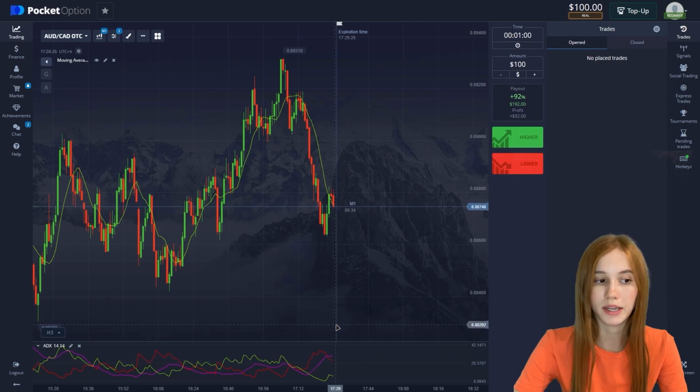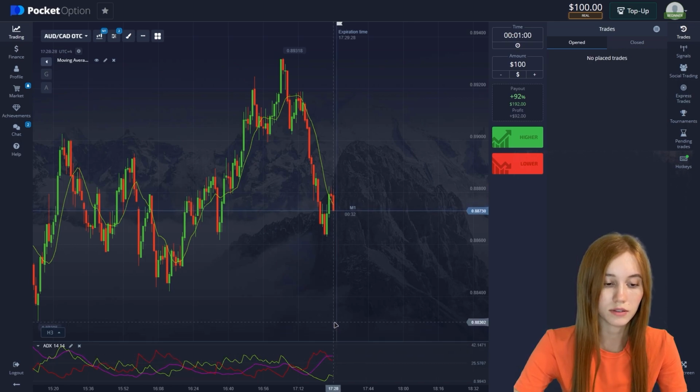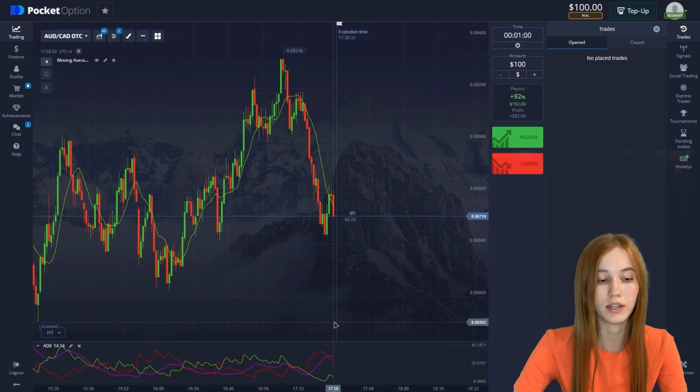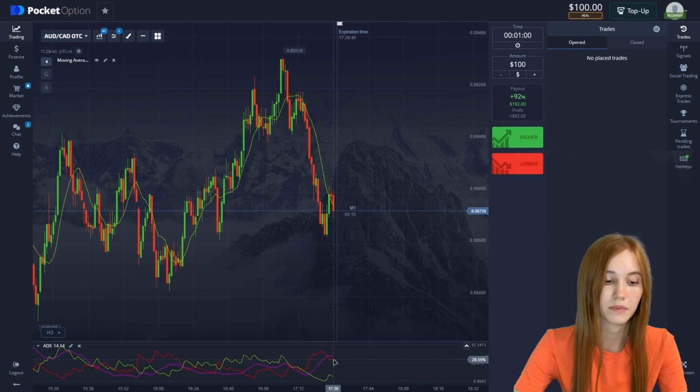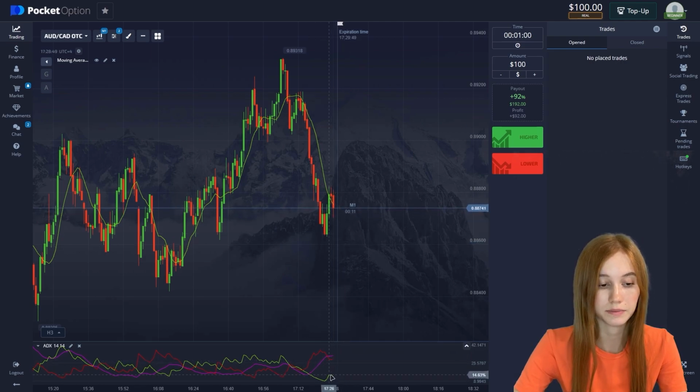ADX works on many tools and any time intervals. It allows you to evaluate the strength of a trend at a certain point in time. The stronger the trend movements, the higher the ADX value. What does it mean? The red line is a downward trend, the green line ascending.